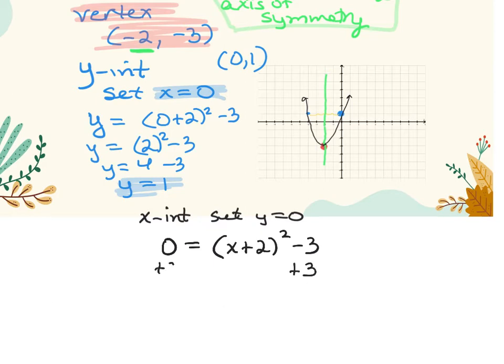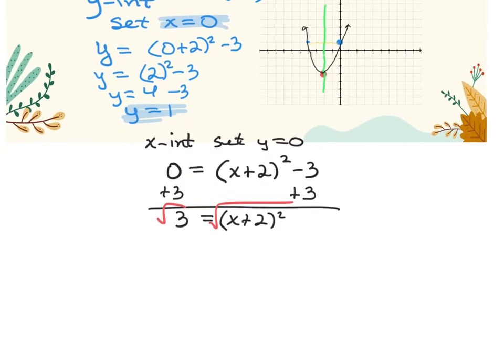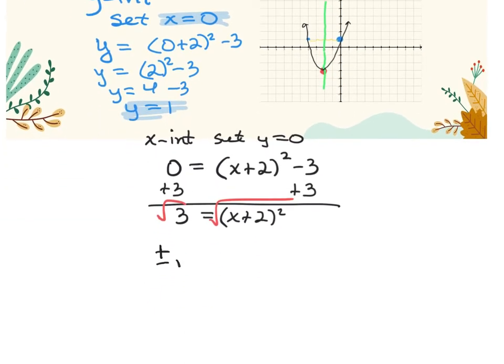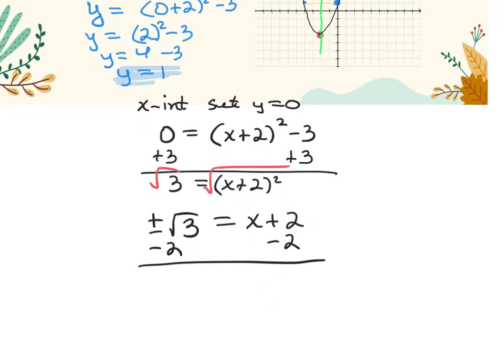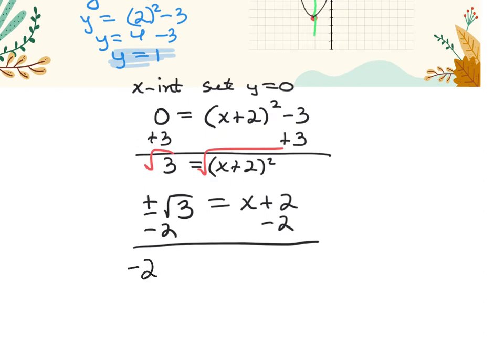I'm going to add 3. 3 equals (x plus 2) squared. And now square root both sides. Now I'm left with plus or minus the square root of 3 equals x plus 2. I need to isolate x, so I move the 2. And now I get -2 plus or minus the square root of 3 equals x.